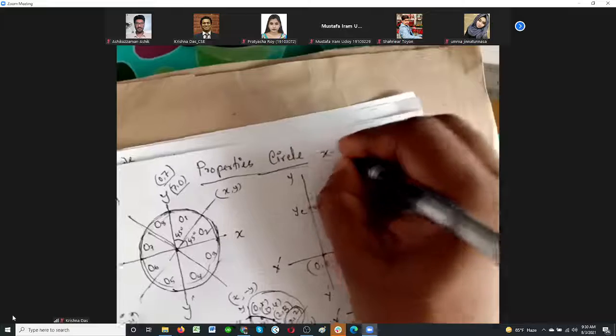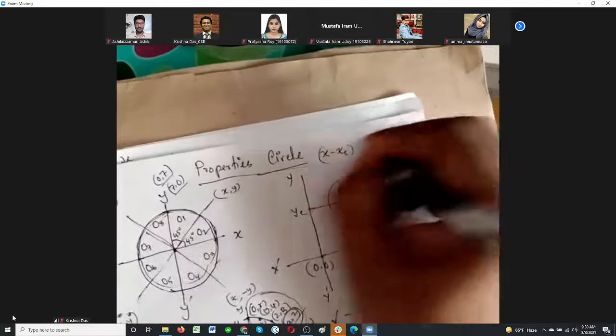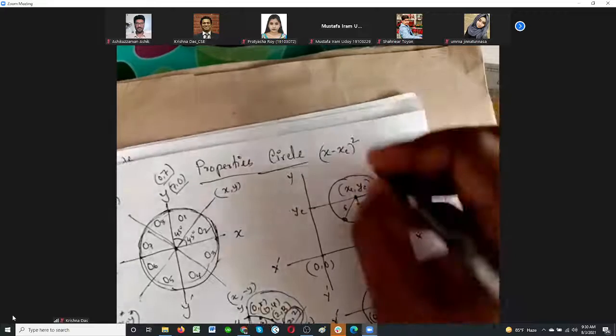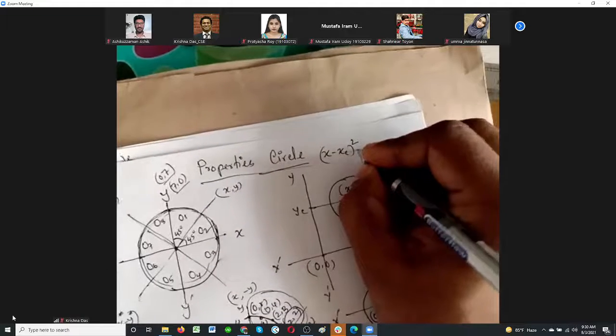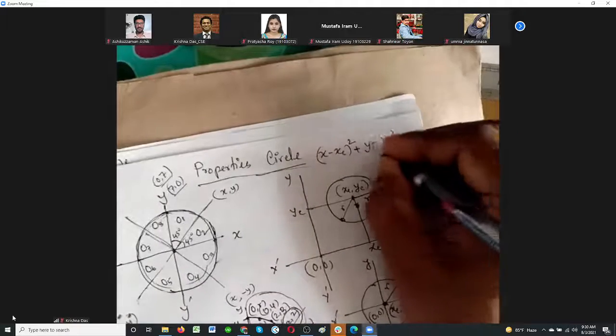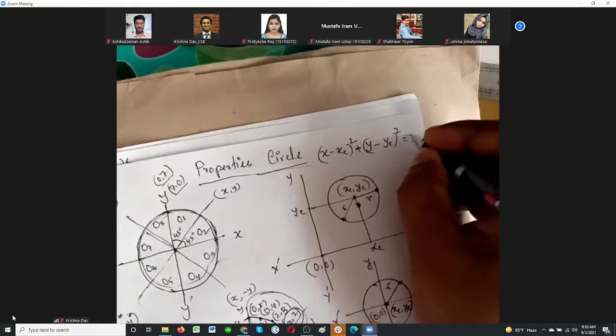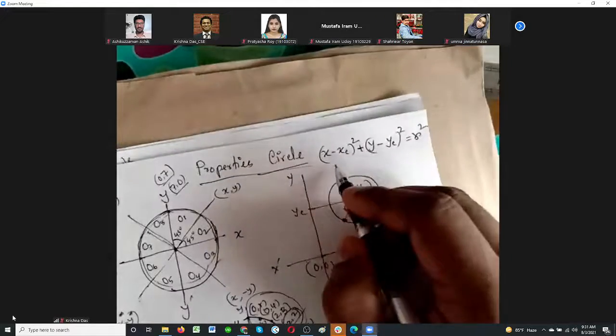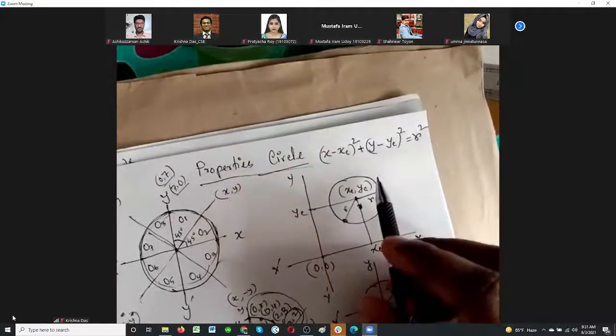Sir, x square plus y square plus 2gx plus 2fy. Right, this is the generic equation for the circle.